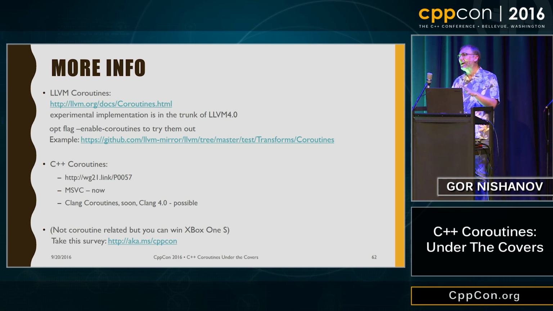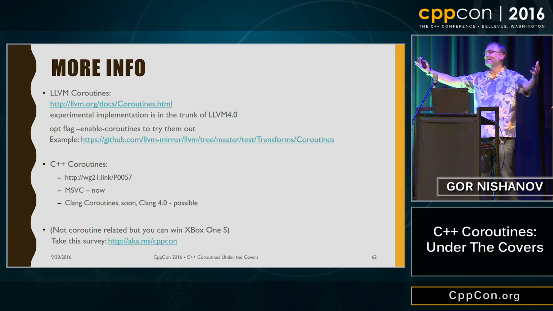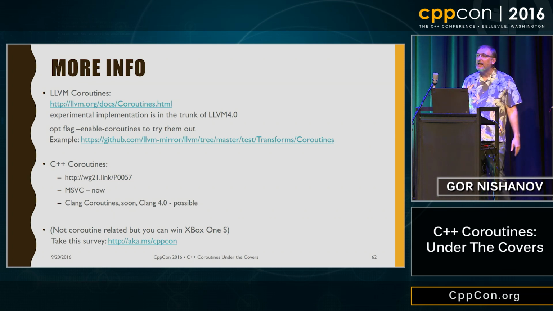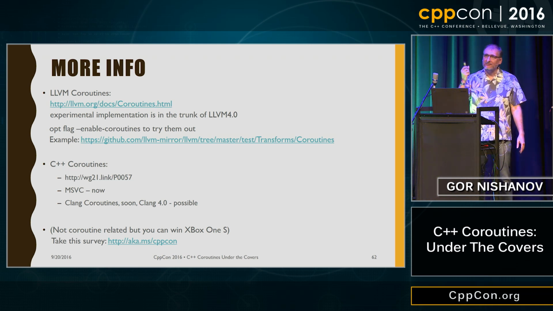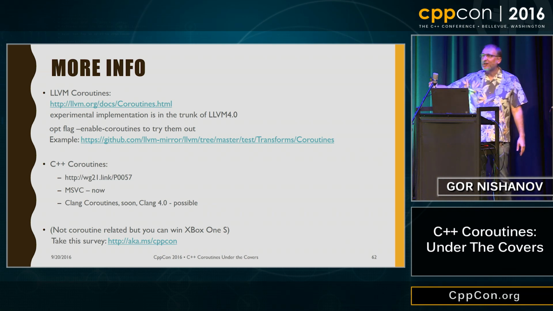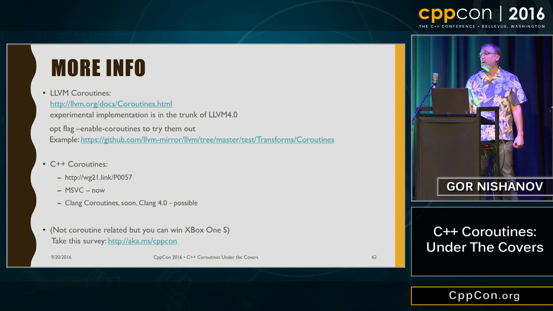So if you're fine with writing your own front end, or you're comfortable with writing coroutines in LLVM IR, go ahead. You can try them out. But if you want to use, say, C++, we may get the Clang compiler in the trunk soon that will emit correct intrinsics and will make it all work. And hopefully it will be in 4.0, but we'll see.